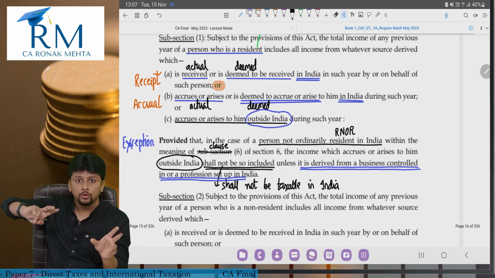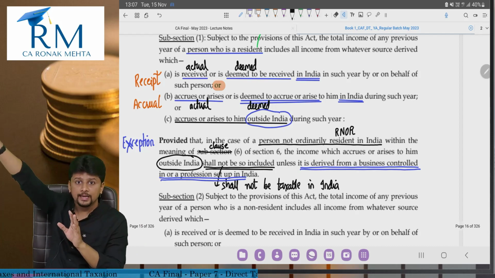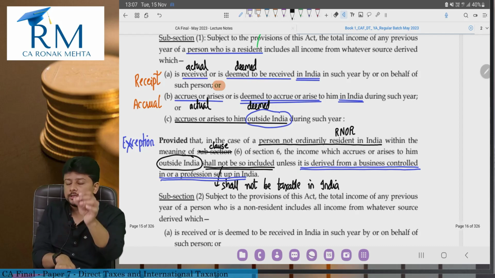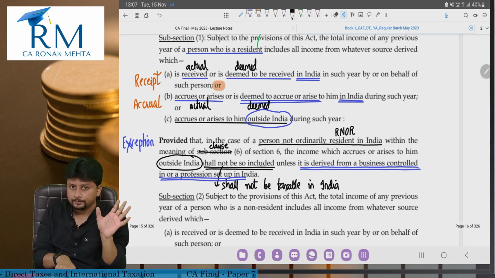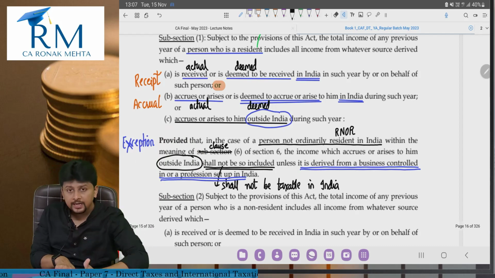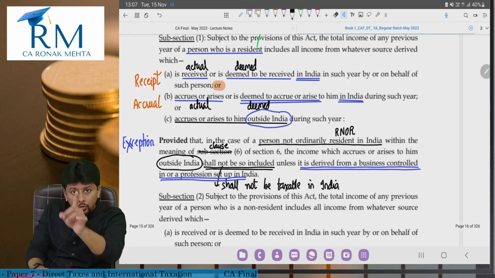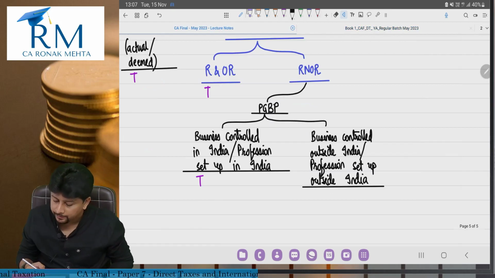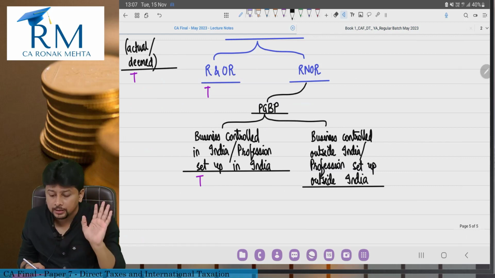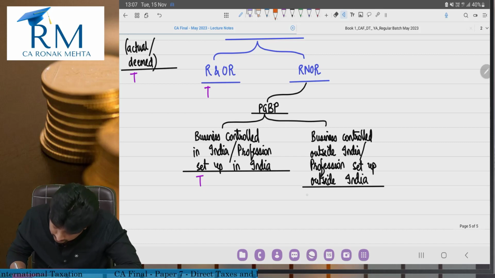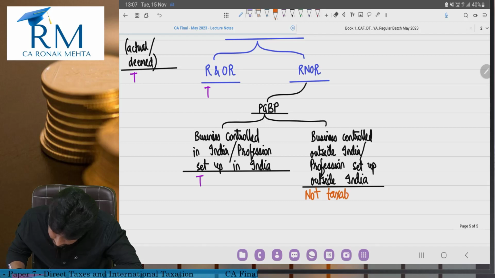So the proviso is making the outside India income taxable in India only if the control, the setup is in India. The proviso is making the outside India income taxable in India for this residential status only if the control is in India, the setup is in India. Now I am imagining a situation where the business is controlled outside India, the profession is set up outside India. So in that case, this is not taxable in India.